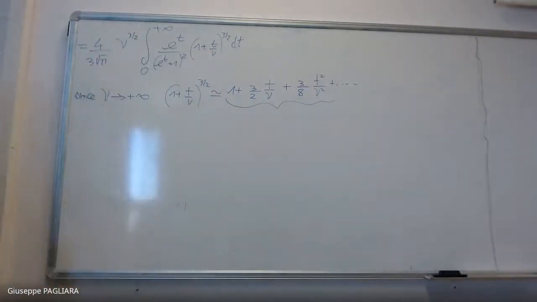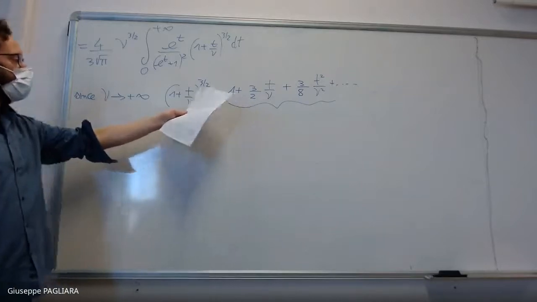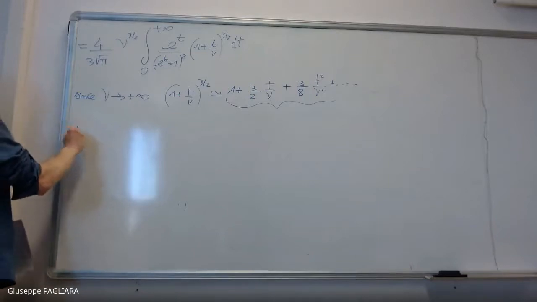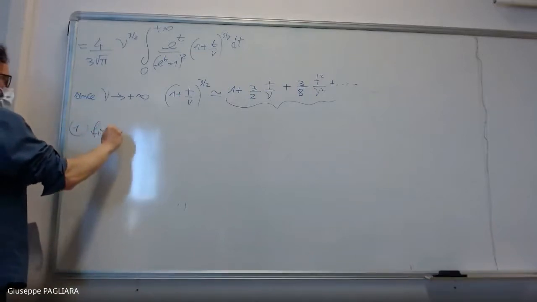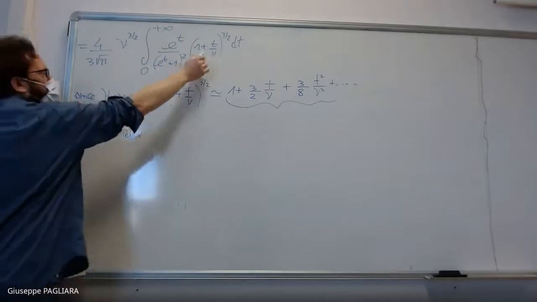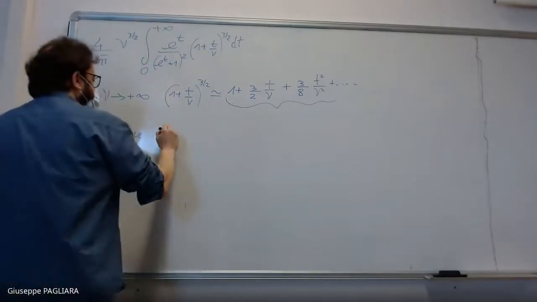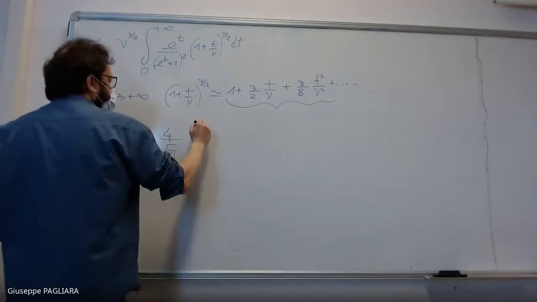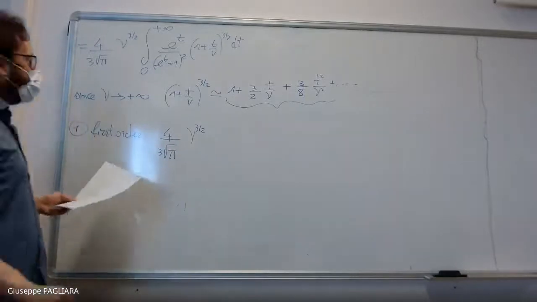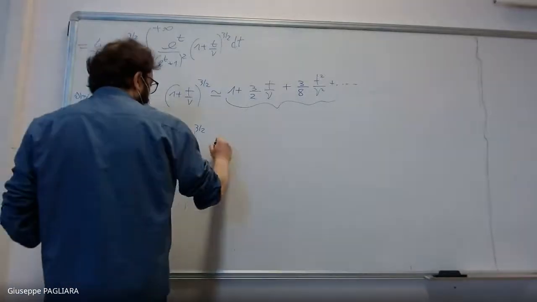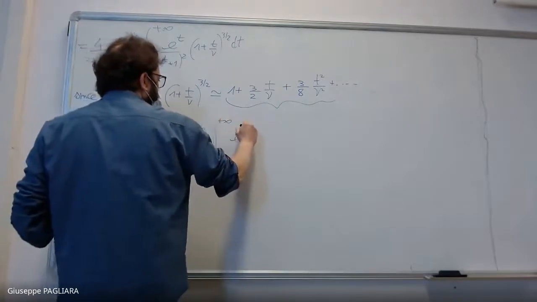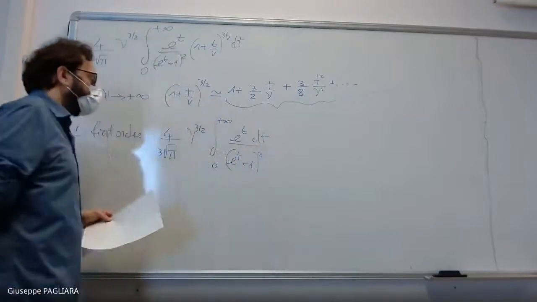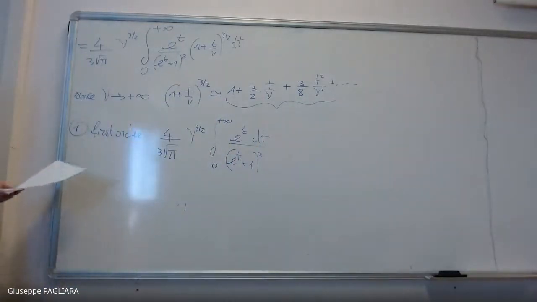At leading order, if I stop at the first order, this function is just 1, and then I have 4 divided by 3 square root of pi, mu to the power of 3/2, and then the integral from 0 to plus infinity of e to the t dt over e to the t plus 1 squared, to first order.